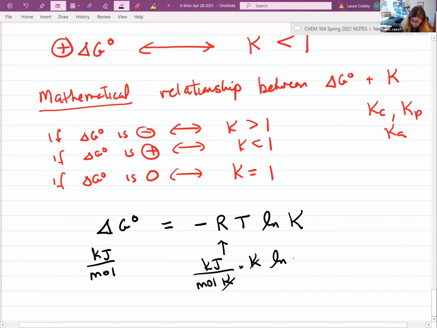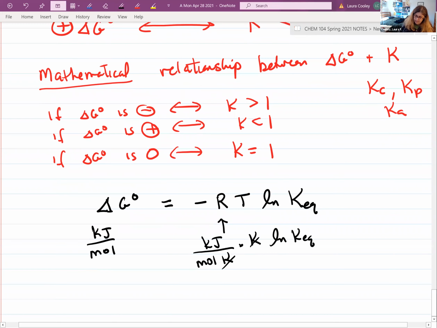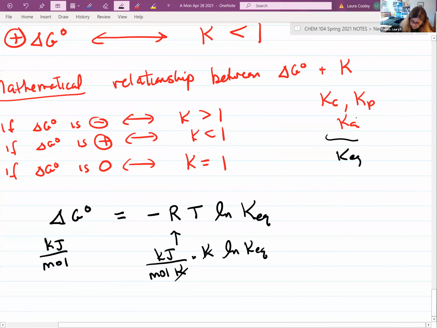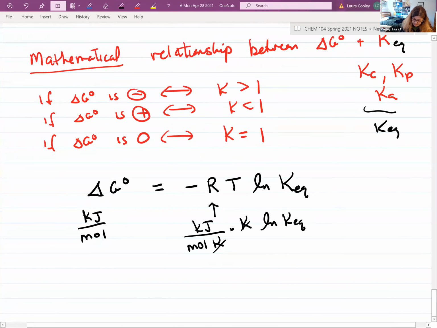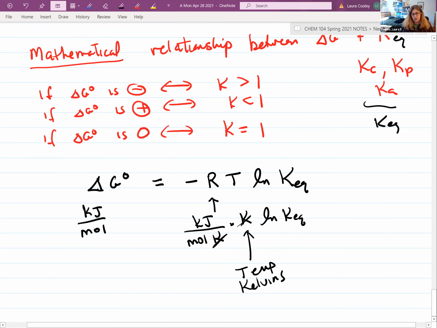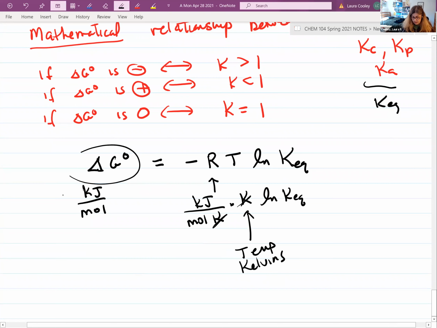And let me call this K-eq so that we don't get it mixed up with Kelvin. This is temperature. So when we do this, the Kelvin units will cancel and we'll have kilojoules per mole. And that's what we want the delta G to be in.